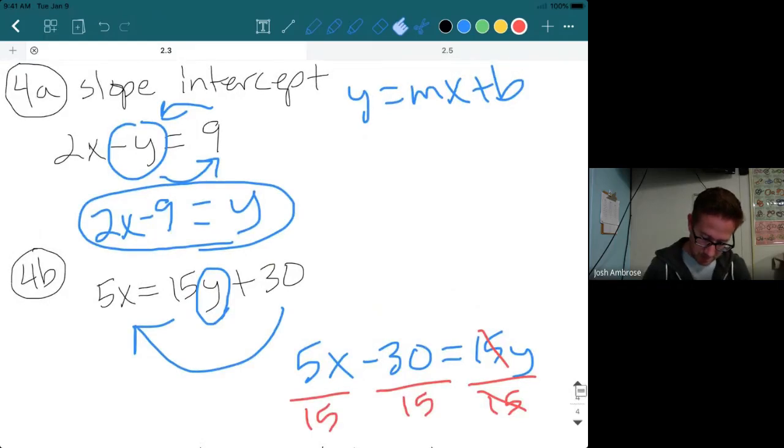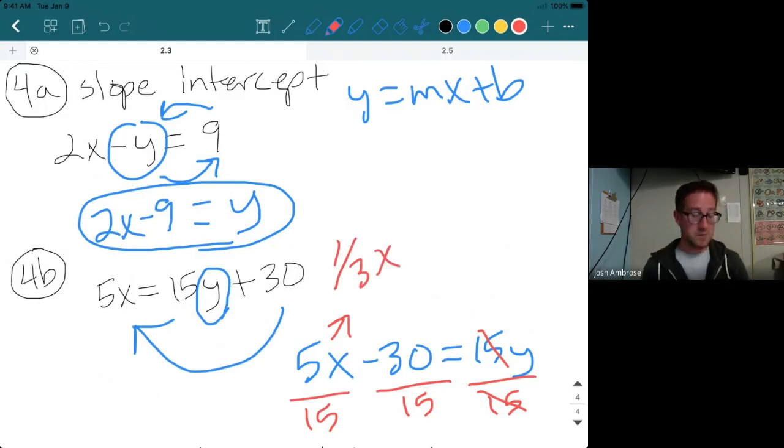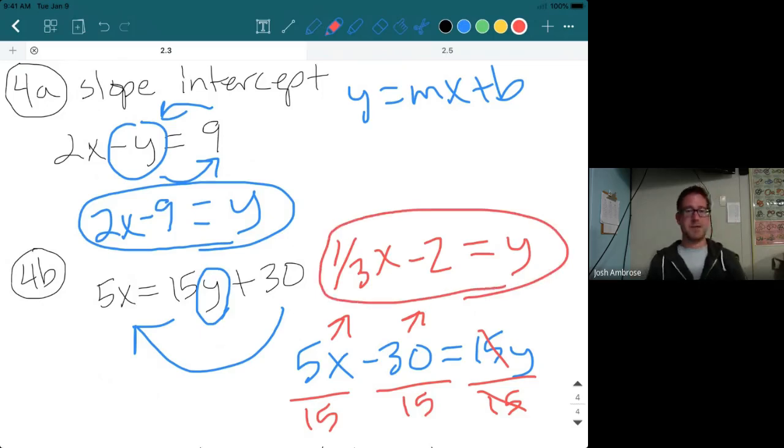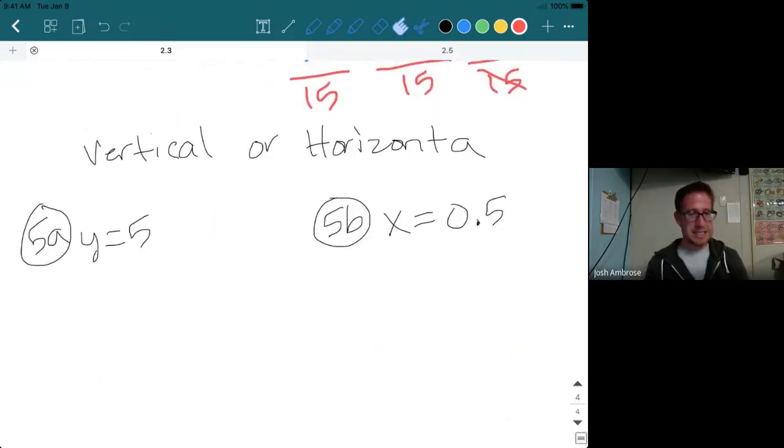Okay, so 5 over 15, that's going to reduce to 1/3 x. Negative 30 over 15, that's going to reduce to negative 2. And now y is by itself. So right there, that's our y equals mx plus b format. Perfect. And now we have the easy stuff.